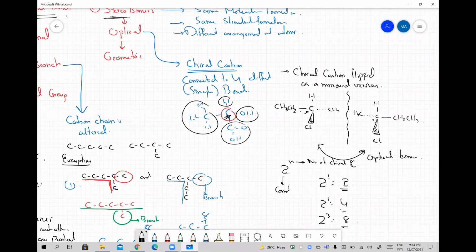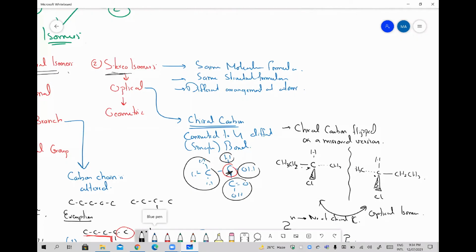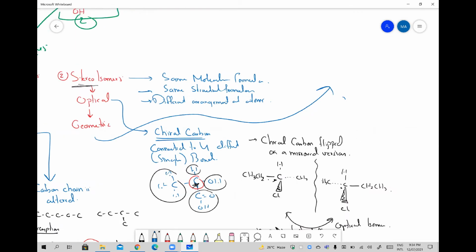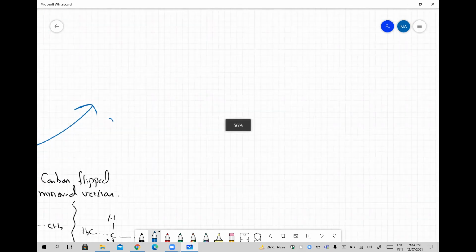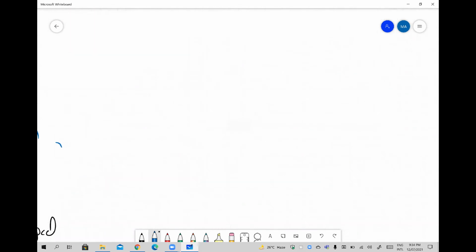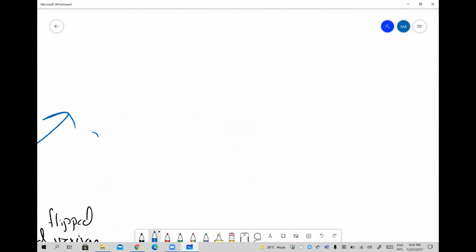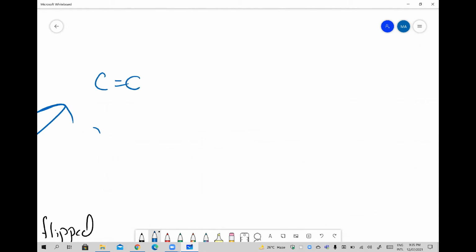Now, geometric isomers. I'm going to write down the description here. Geometric isomers are all those isomers having a carbon to carbon double bond, first of all, and when that double bond is bonded to two different groups on different sides.